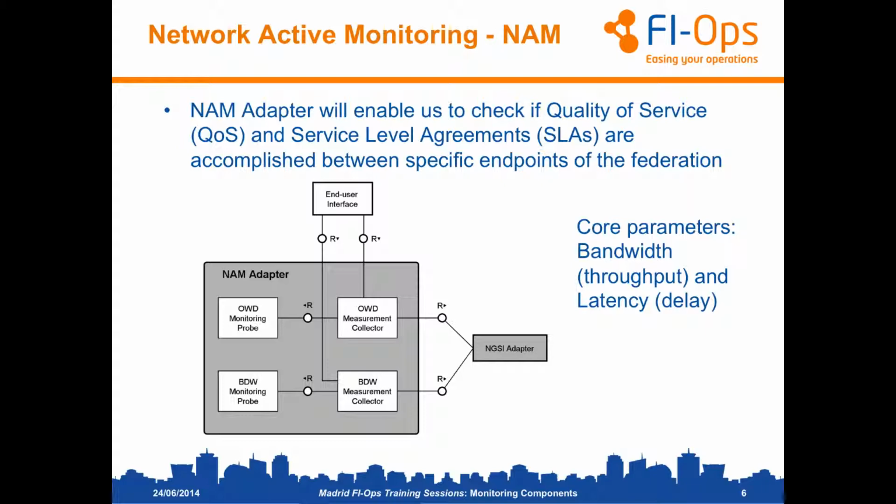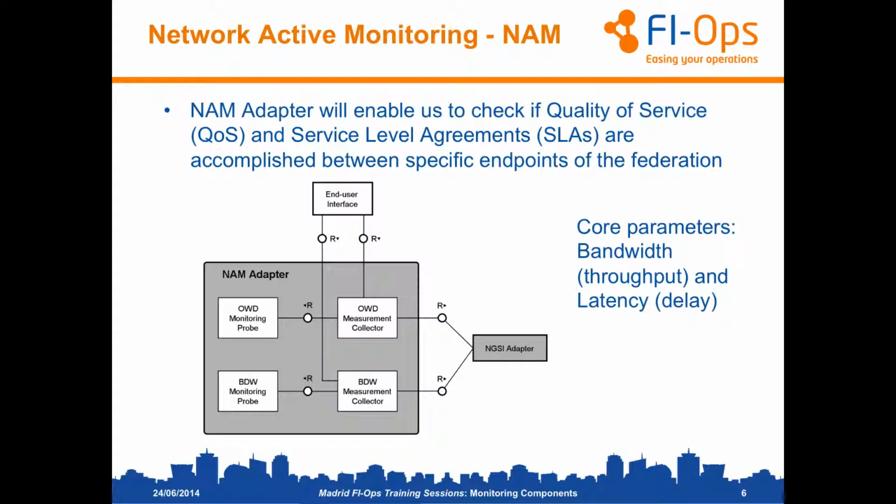These probes are command line based, but we don't want that. We want to provide a web-based interface. So this is why we put on top of them the measurement collectors, which we can provide through a web API.